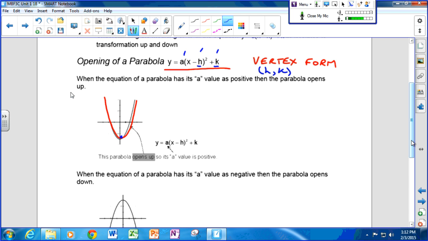Now, just to tie this in, you may or may not have seen this in your previous math studies. You may have seen a quadratic equation or parabolas before in this form, ax squared plus bx plus c. If you didn't, don't worry about it. But if you have, I'm just trying to show you that this is another way of showing a parabola, and this is called standard form.